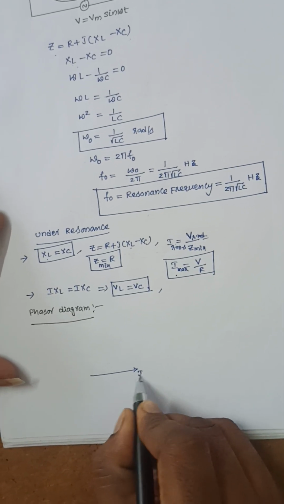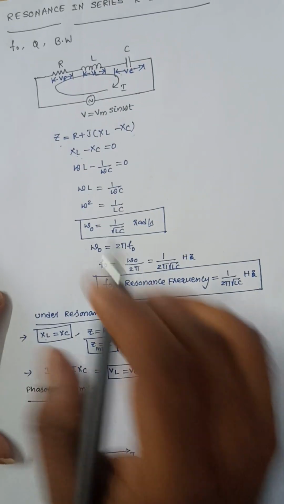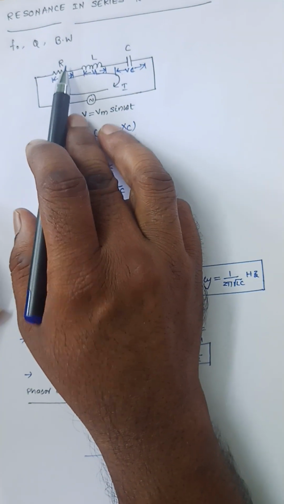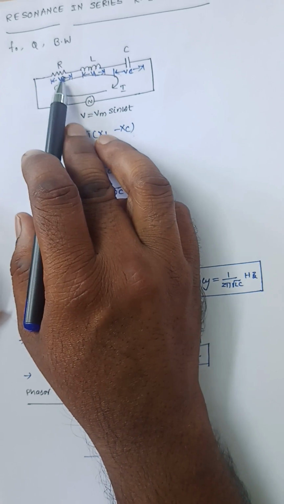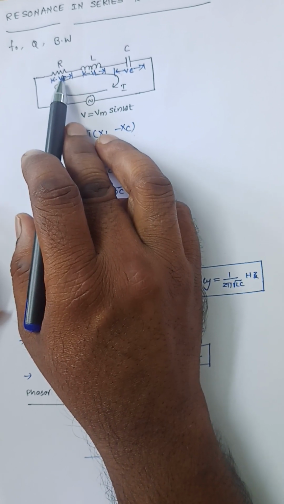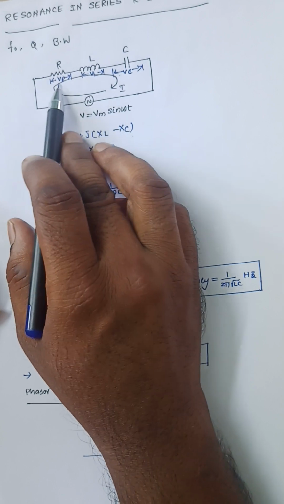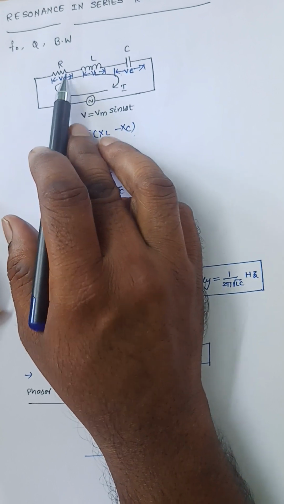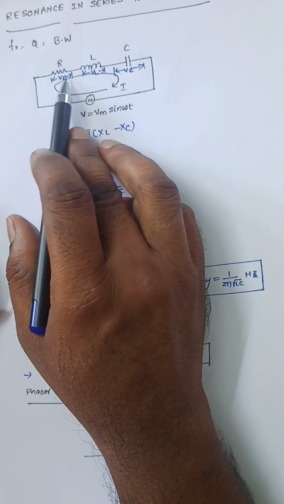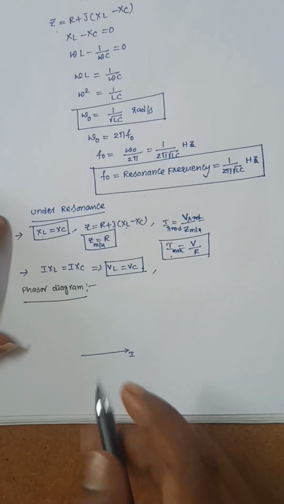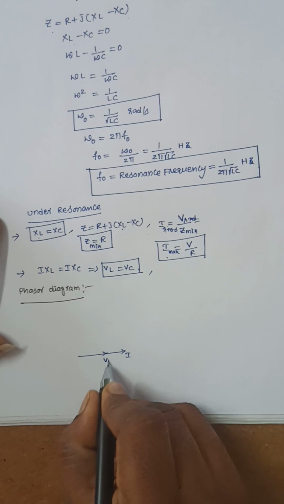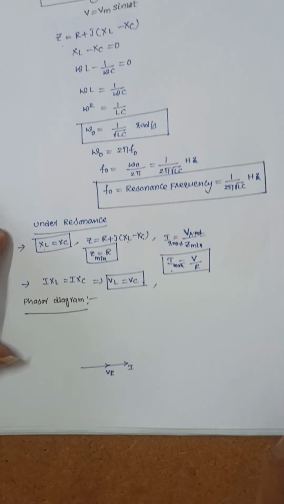So this is I. Now in a pure resistor, the voltage across the resistor and the current flowing through the resistor are in phase. That means this VR and this I are in phase.